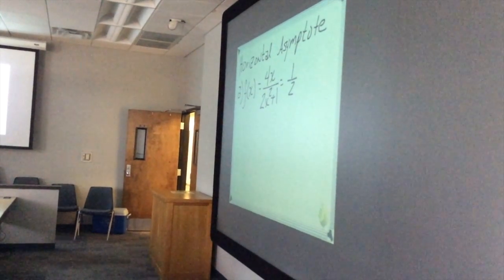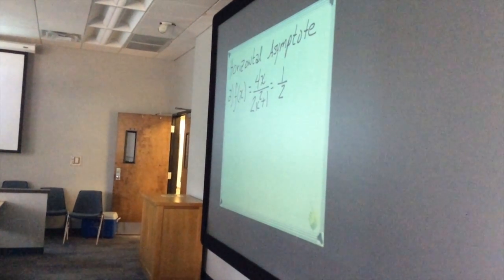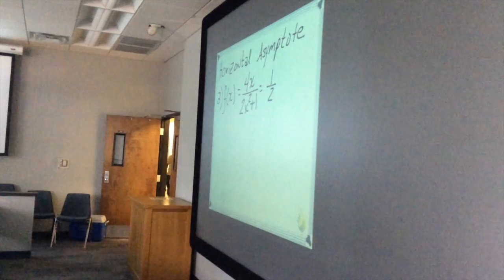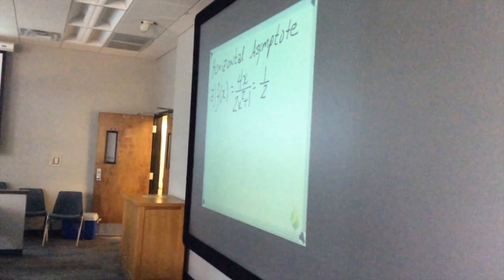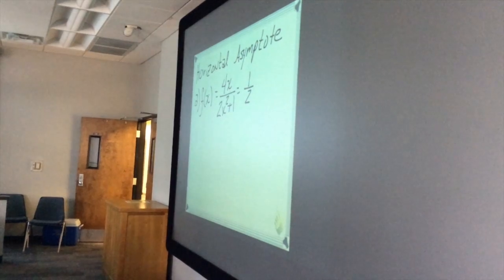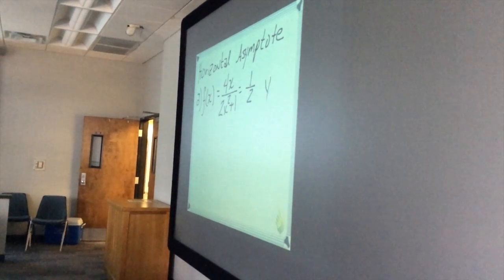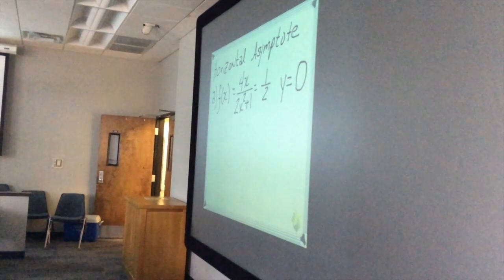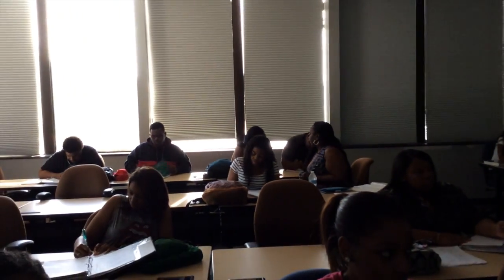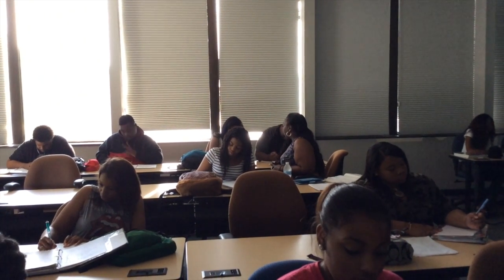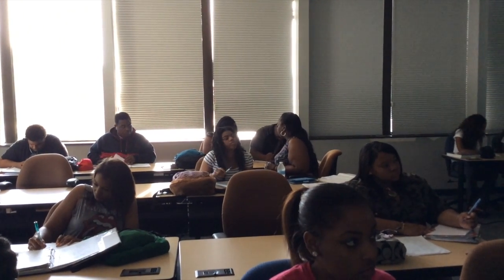When doing horizontal, you're looking at the degrees. Because the denominator degree is larger than the numerator, my horizontal asymptote is y equals 0. Because the degree in the denominator is larger than the degree in the numerator, your horizontal asymptote is equal to 0.